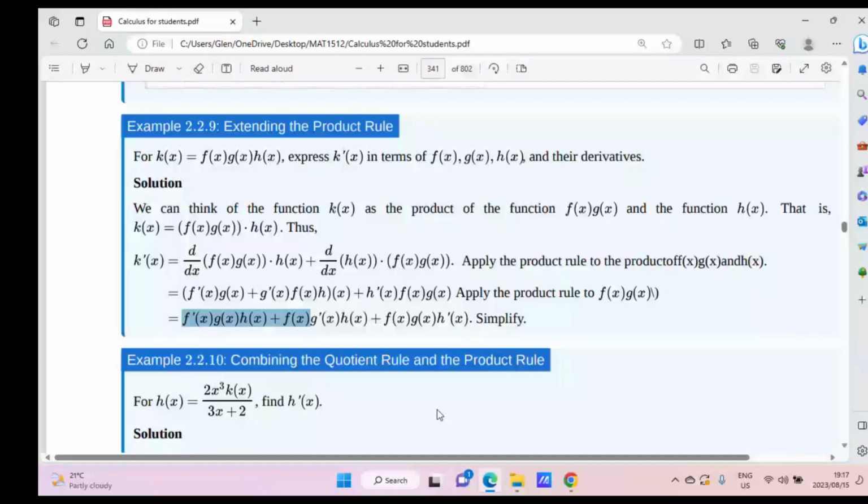In the numerator, I have 6x raised to the power 4 k prime of x, plus 18x squared k(x), plus 12x k(x), minus 4x raised to the power 3, minus 6x raised to the power 3 k(x), all over (3x plus 2) raised to the power 2.